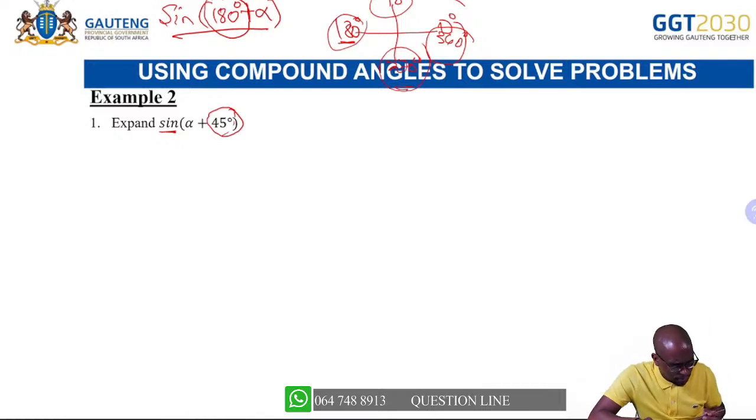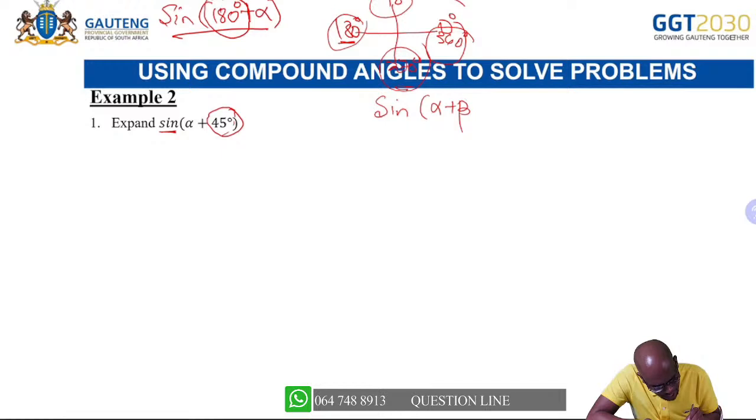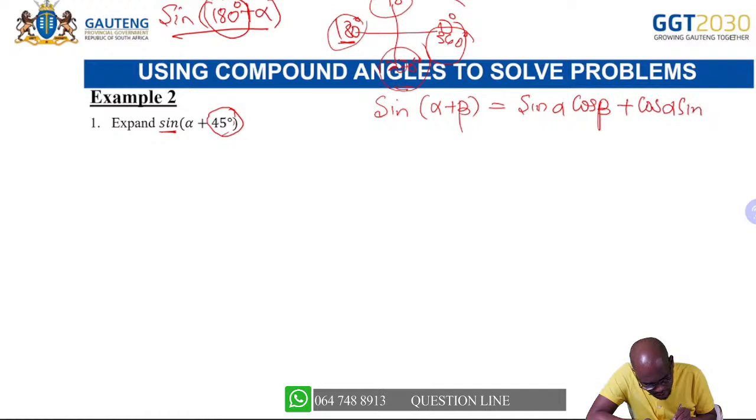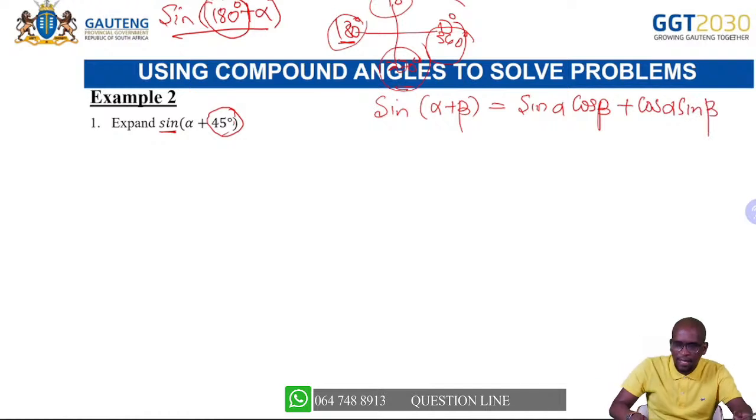Right, now we move on. Now, if you look at this now, we can look at the general form. We know it's alpha plus beta, which we looked at in the previous slide as sine of alpha, the cosine of beta, plus the cosine of alpha, the sine of beta, like that.